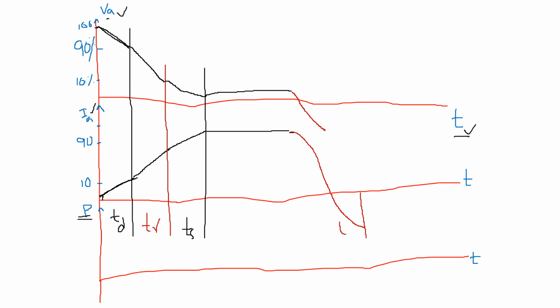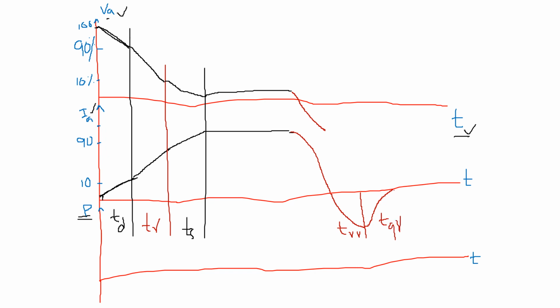So this duration is called the reverse recovery time. We still have charge carriers at junction J2. Due to the charge carriers at junction J2, the current slowly decreases and finally becomes 0. So this duration is called the gate recovery time.